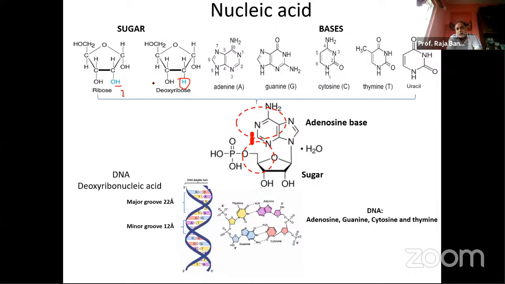In the case of DNA and RNA, the basic difference is not only single and double strand, but mainly the difference in the sugar. So this is the complete structure which we categorically see.